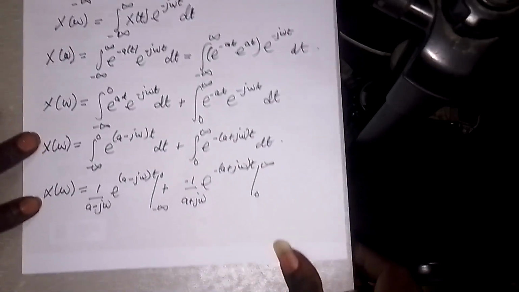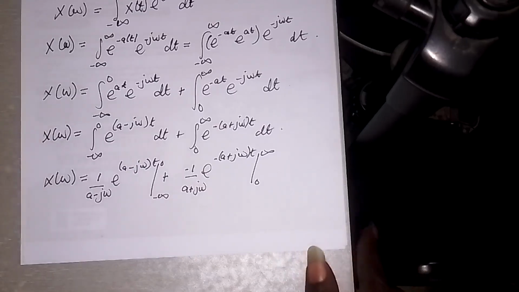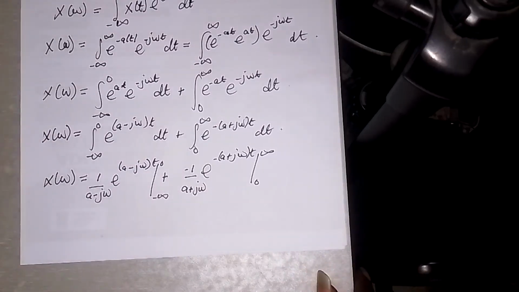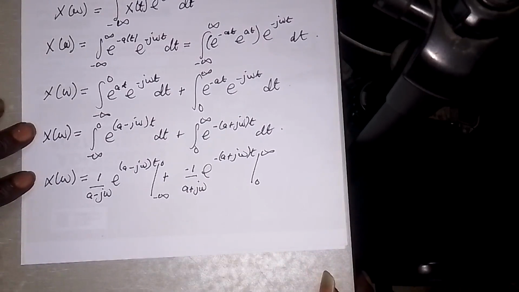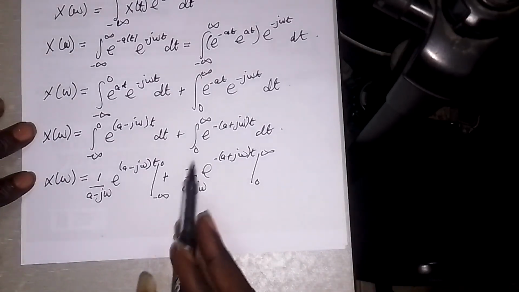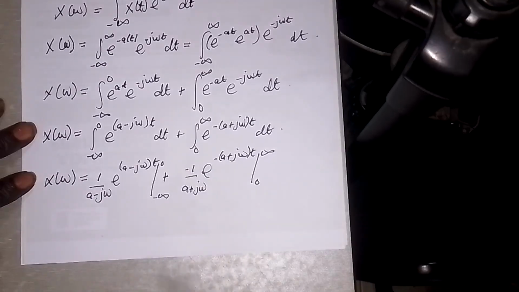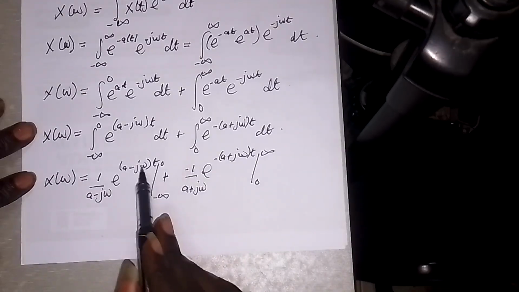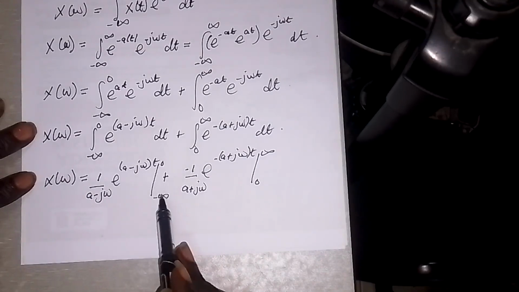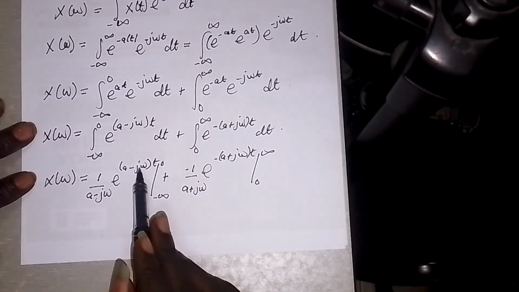Okay, so now, when you put in your limits, always put in the upper limit first. If I put in 0 here, I'll get 1. If I put minus infinity here, I'll get 0.